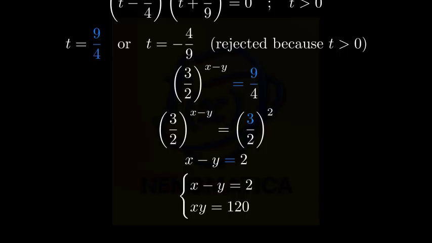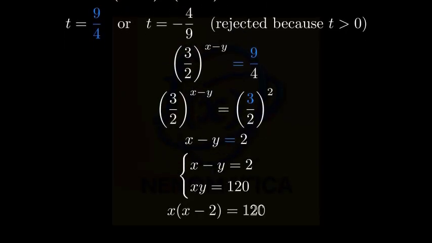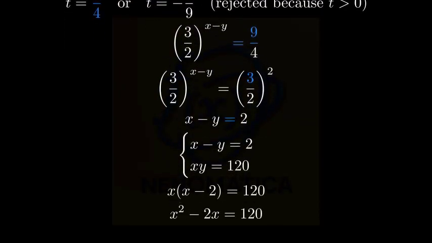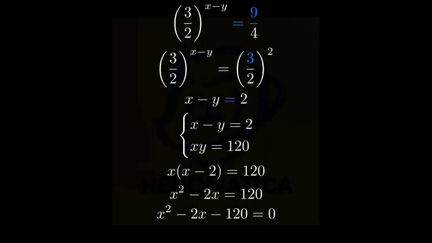Now we can solve this system of equations. If we substitute y equals x minus 2 from the first equation into the second equation, we get x times x minus 2 equals 120, which gives us x squared minus 2x equals 120. Rearranging to standard form, we get x squared minus 2x minus 120 equals 0.